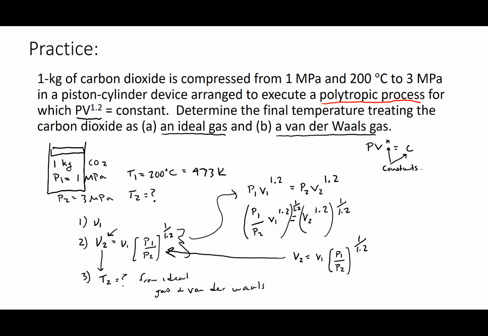The reason we're using that is because we're assuming this is a polytropic process, so this is the relation we need between the pressure and the volume. What we want to do now is look up our constants for carbon dioxide. The gas constant R is 0.1889 kilopascal meter cubed per kilogram Kelvin.